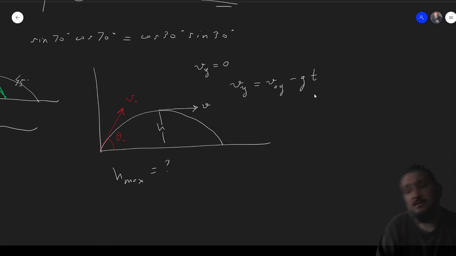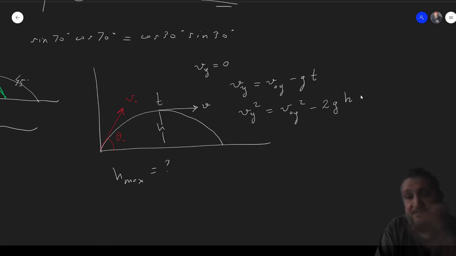Now there's a problem here though. This equation will not give me what I need, because this t is not the same as the t I found earlier. The t I found earlier was the total time. I'm talking about the t here. Instead, let me use the fourth equation, or whatever number you like to give it. Vy squared is equal to v naught y squared minus 2g delta y, which becomes h.